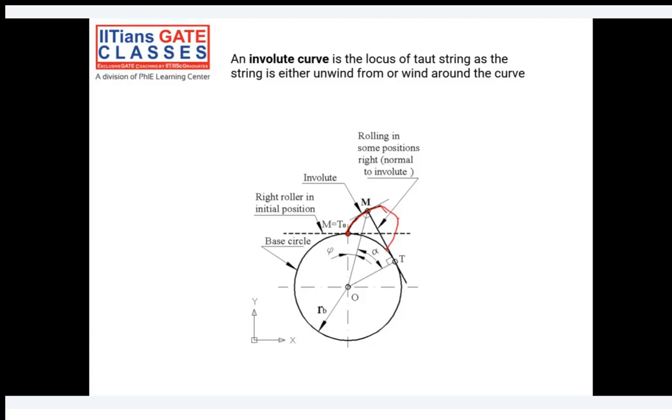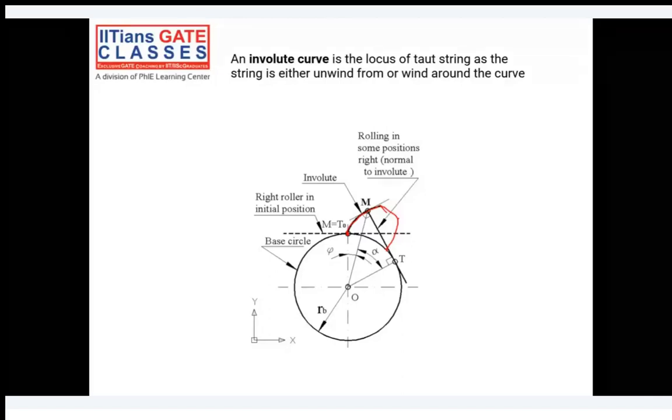In this case only the involute profile is used, whereas in case of the cycloidal curve, we need epicycloids as well as hypocycloids in order to generate the gear profile. Here we are using just an involute curve in order to generate a tooth profile. So comparatively this is easier to manufacture, or simpler, than cycloidal profile teeth.